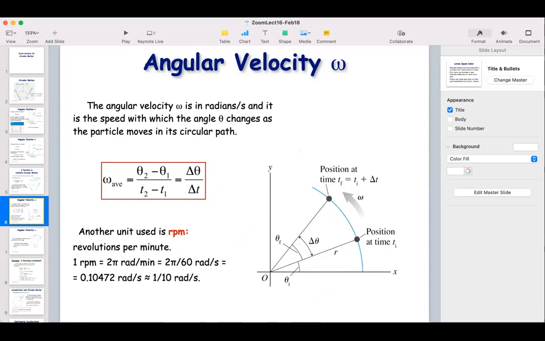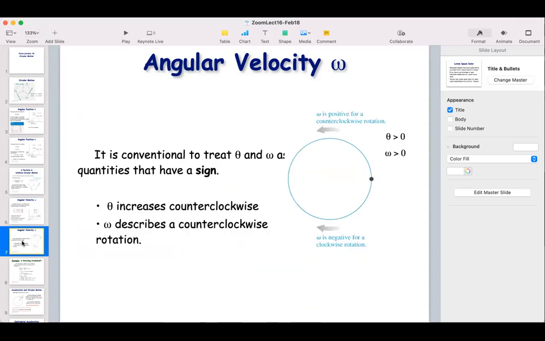Sure. So here again, it is conventional to treat theta and omega as quantities that have a sign. Normally the sign is positive for counterclockwise rotation, following the same idea as trigonometry. It increases in this way, and is negative for a clockwise rotation.